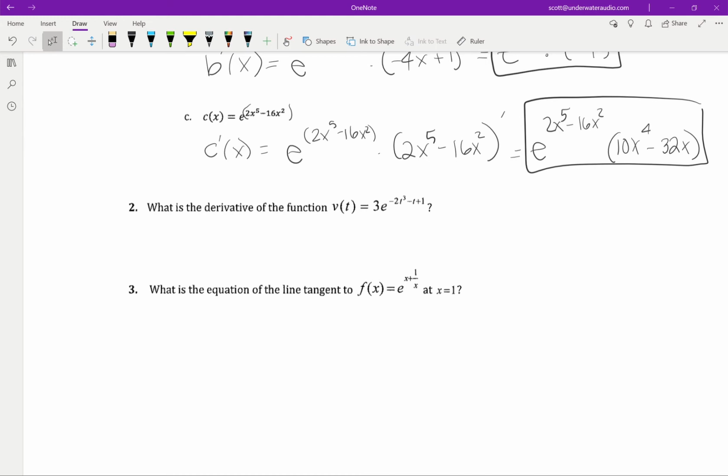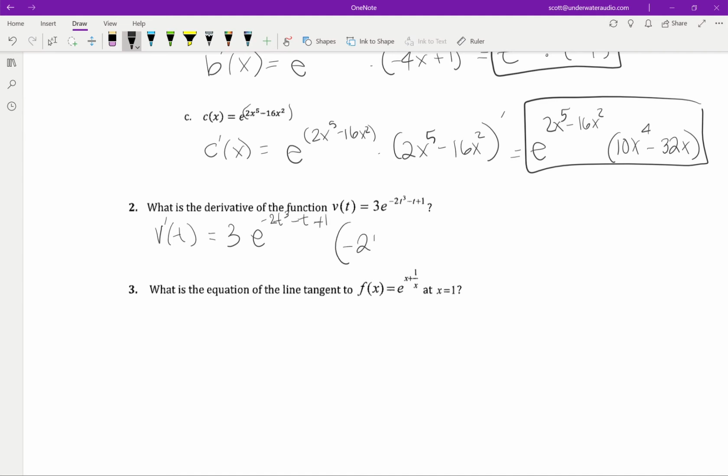Okay, number 2. What is the derivative of the function v of t equals 3 times e to the negative 2t cubed minus t plus 1? Okay, I can ignore this 3 in the front because it's a constant and just leave it as is. So 3. And then e to a power, the e stays the same. I just need to multiply by the derivative of the inside function.